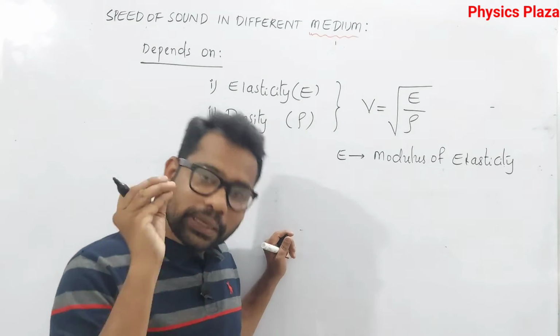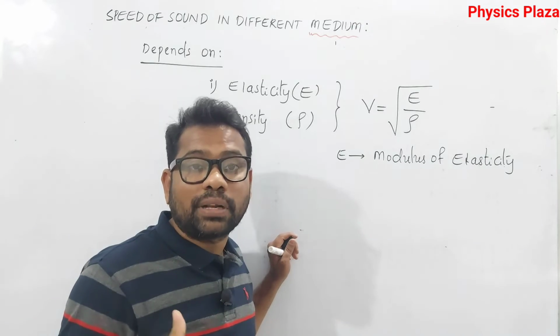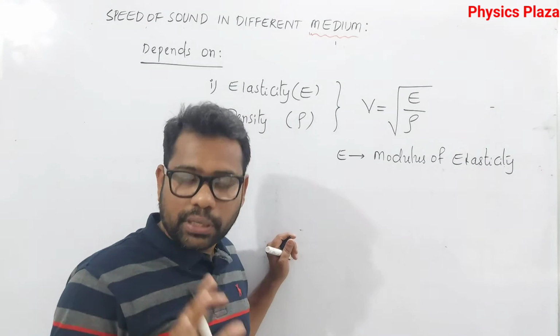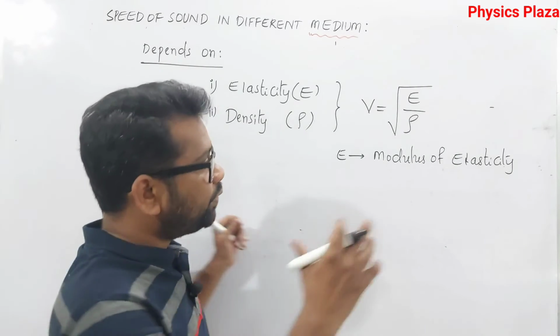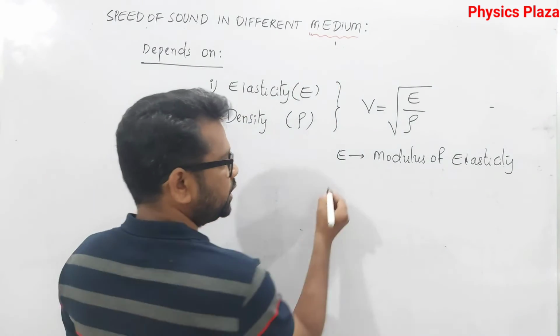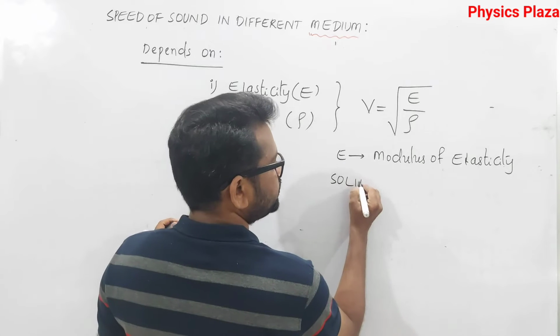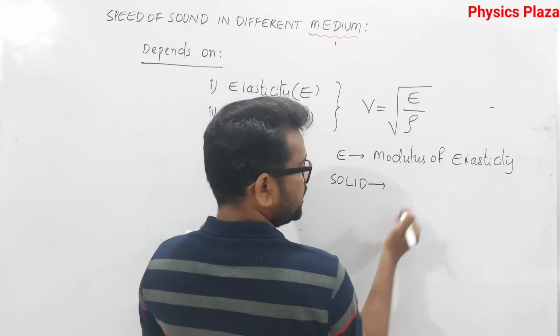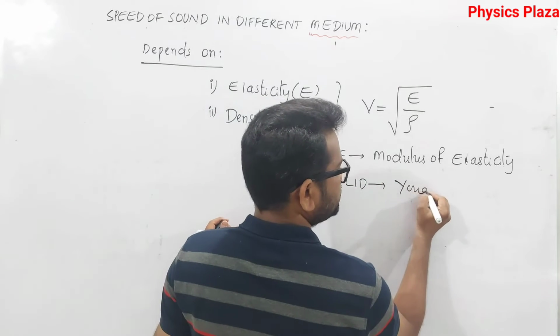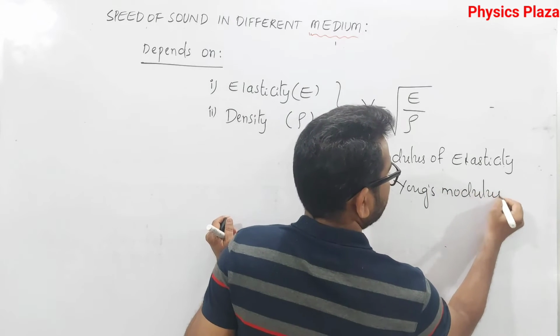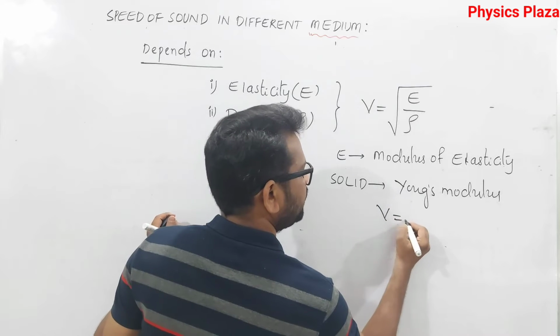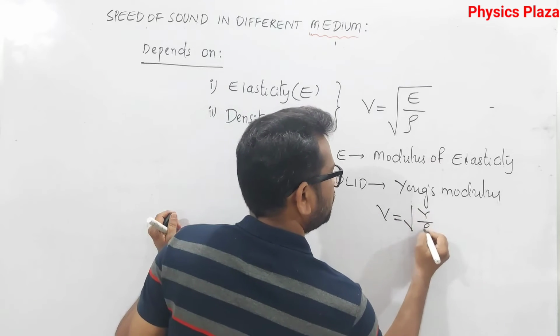In +1 you will have a chapter called mechanical properties of solids, where it will be discussed in detail. If the medium is a solid, this modulus of elasticity we call Young's modulus, so for solids the equation becomes V is equal to the square root of Y by rho.